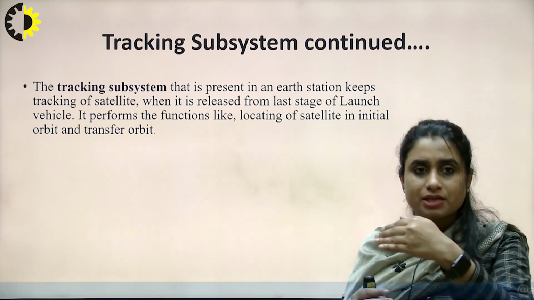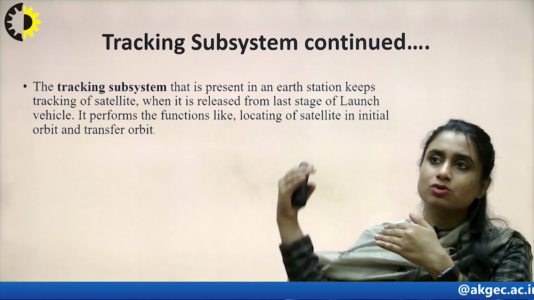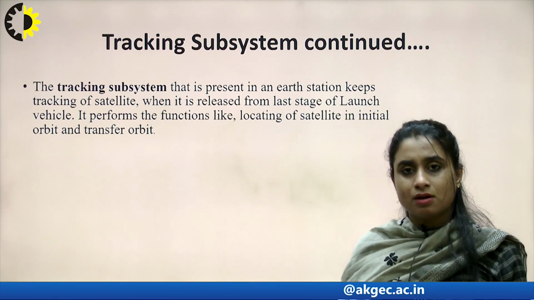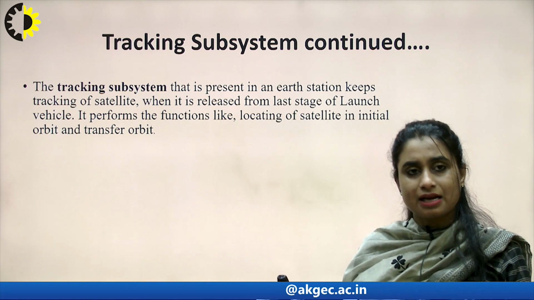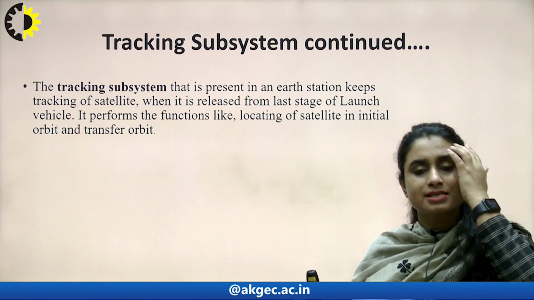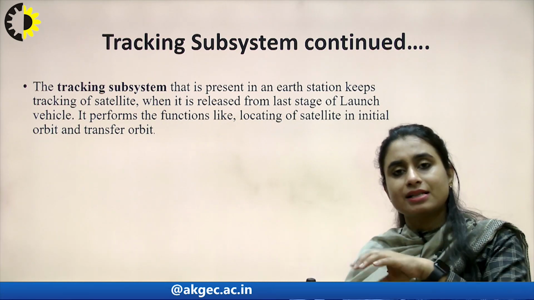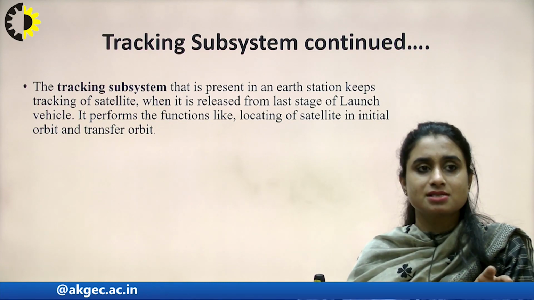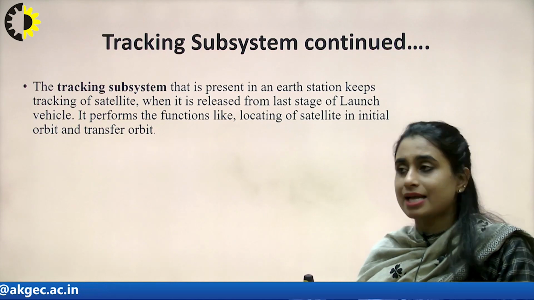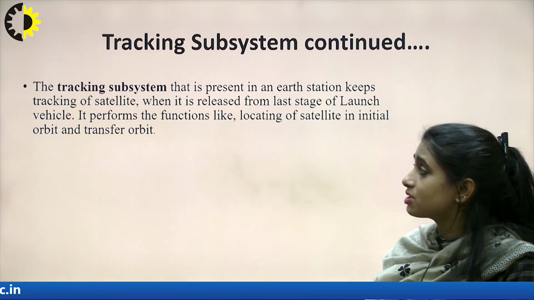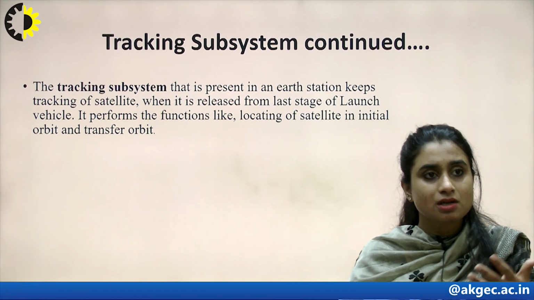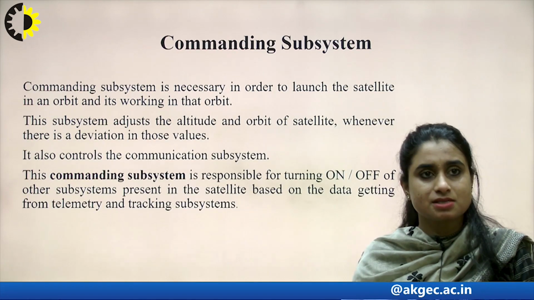The satellite is placed into the initial orbit, then into the transfer orbit, then into the exact orbit, and even the complete rocket system doesn't go up to the exact orbit. In the final stage, the satellite comes out of it. At that time, the tracking subsystem performs functions like locating the satellite in the initial orbit and in the transfer orbit. So this is the task of the tracking subsystem.